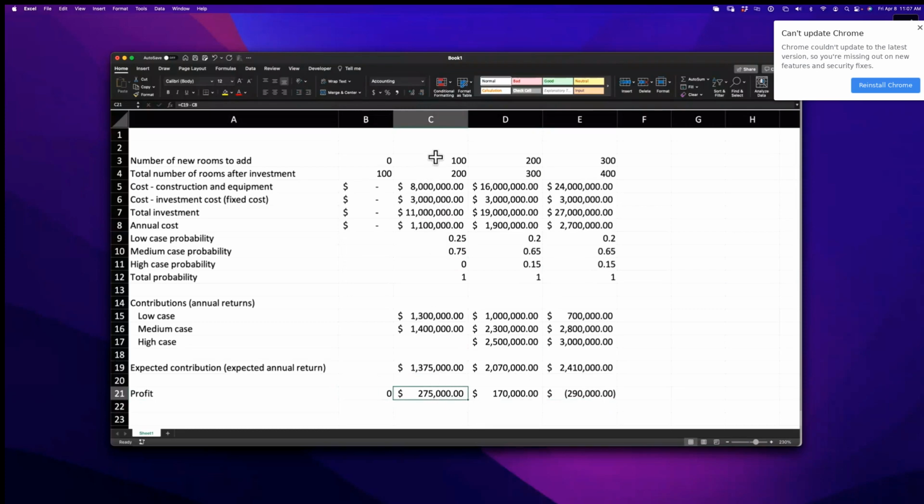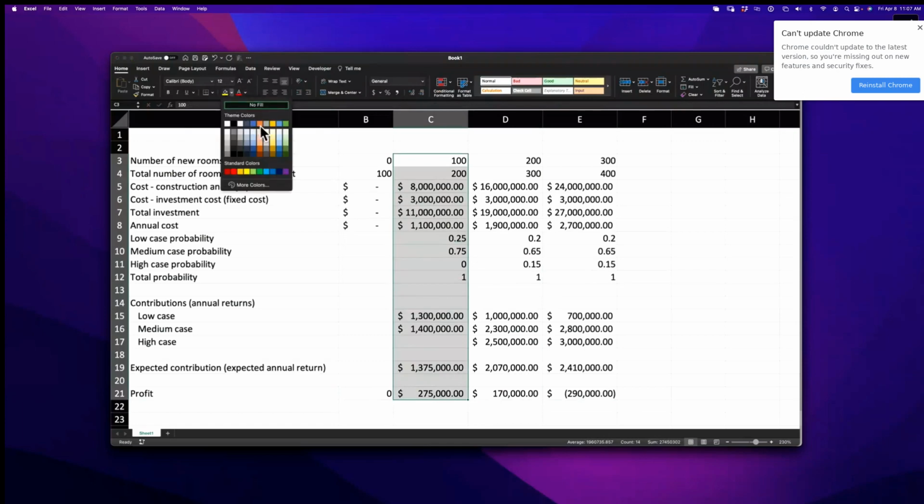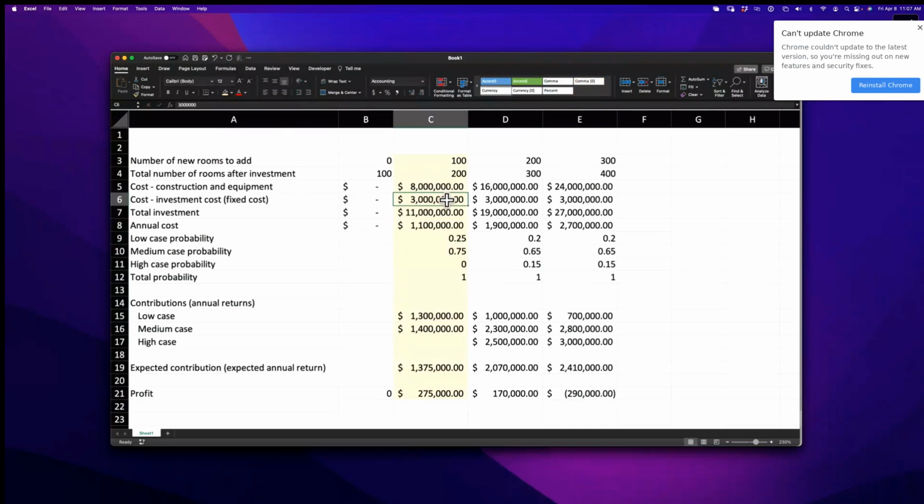So we'll highlight this column. And that's, so 100 is the answer. Our best option is to add 100 rooms because based on the annual cost versus the expected contribution per annum, we're going to be getting our biggest profit.